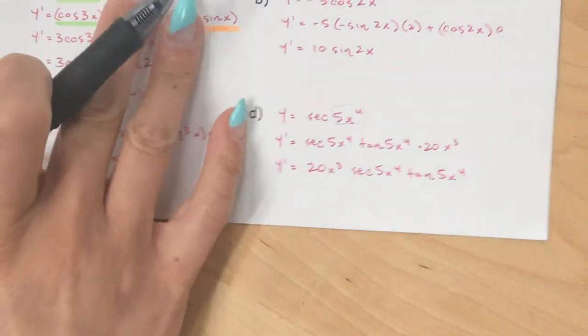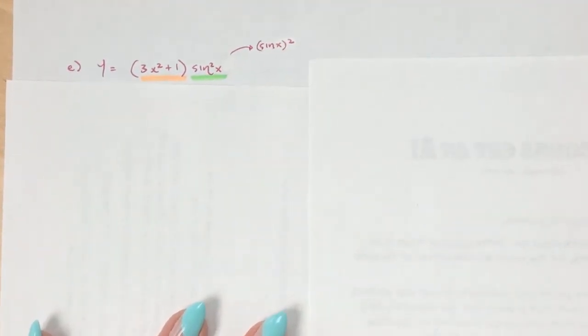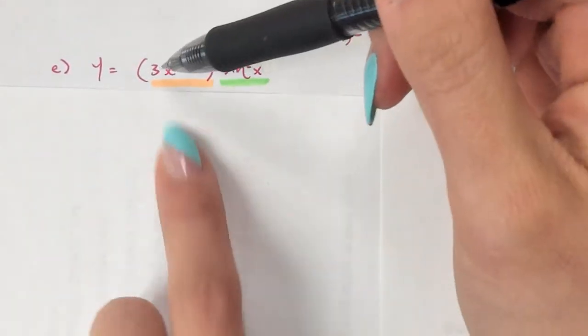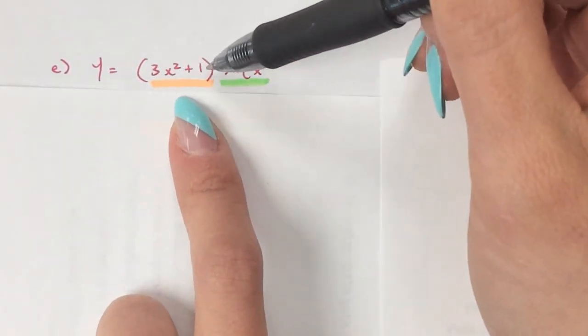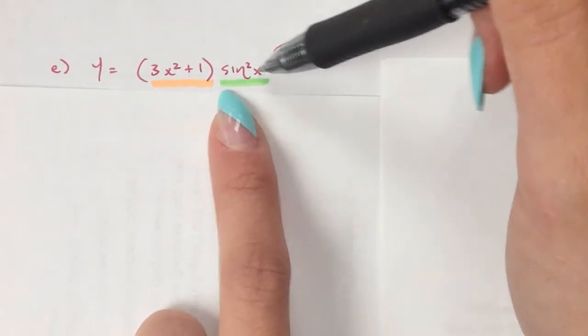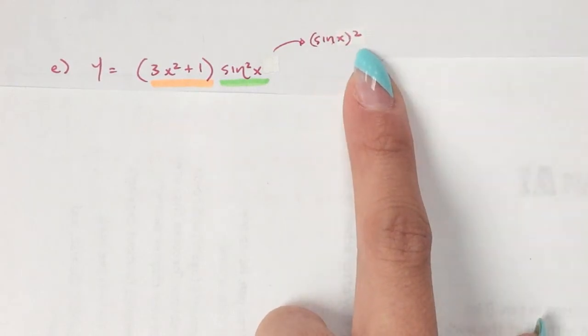Okay. And then last two, but I'm only going to show you one of them. So E. Let's say you have y equals the quantity 3x squared plus 1 times the quantity sine squared x. Again, I'm going to right away change this to sine x quantity squared. Okay?